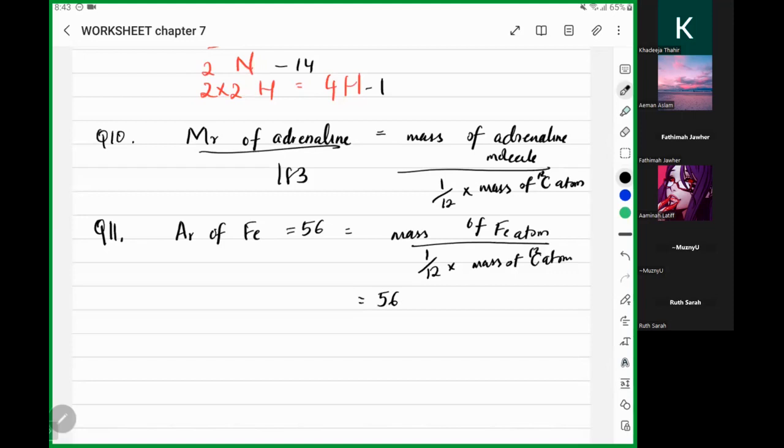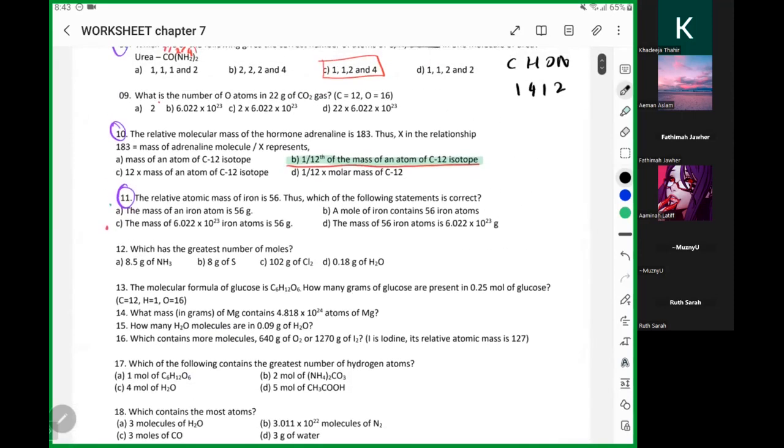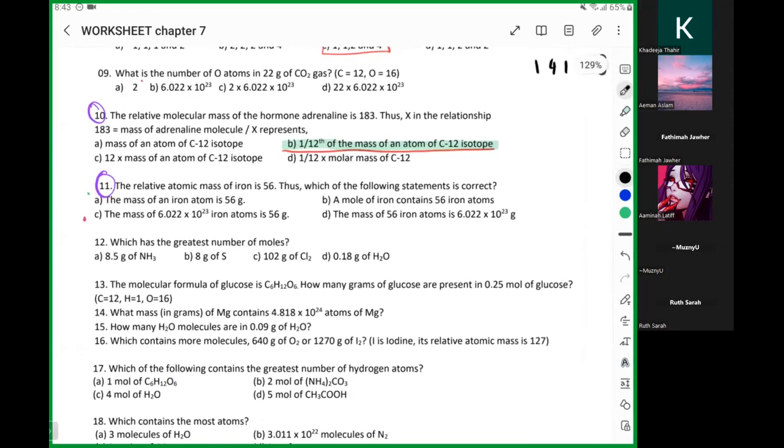So the mass of an iron atom is 56 times that of the atomic mass unit. The mass of an atom of iron is 56 grams? No, that's not what it means. The mole of iron contains 56? No. The mass of 56 iron atoms is this? No. Right.